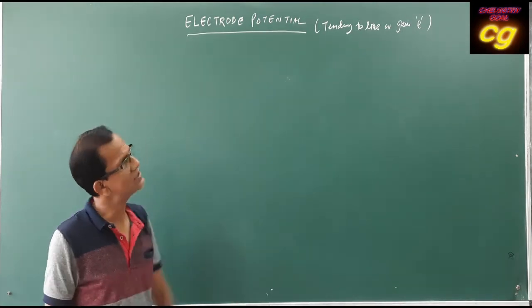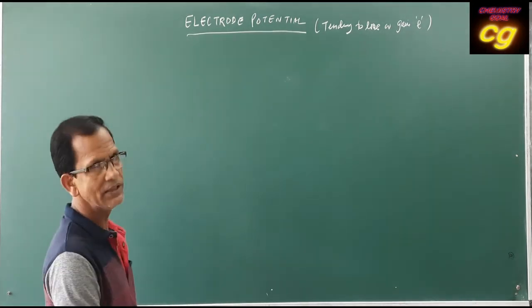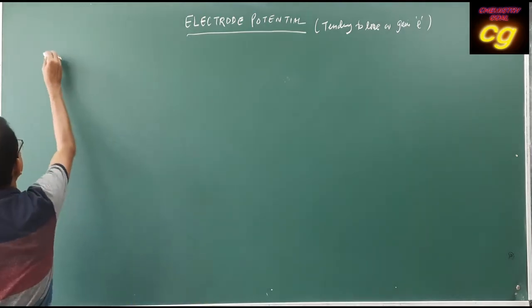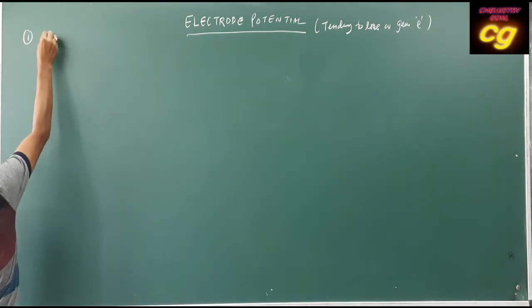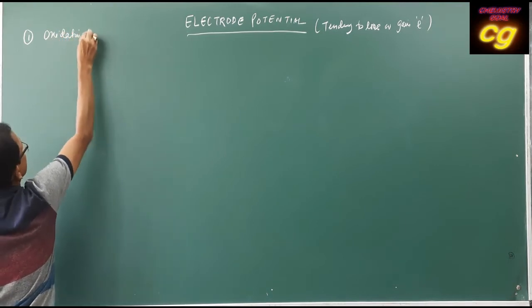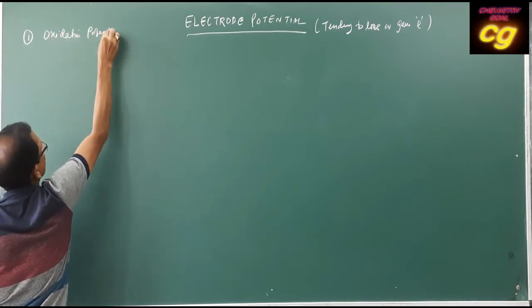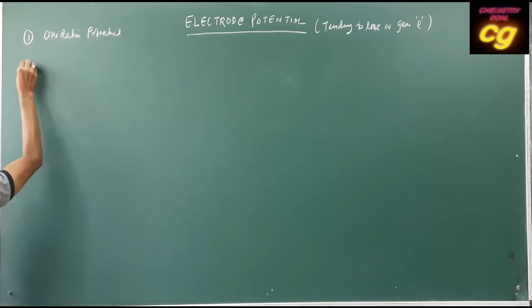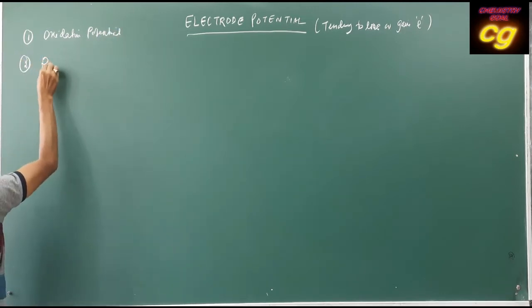Electrode potential is generally of two types. One is oxidation potential, and the second one is reduction potential.